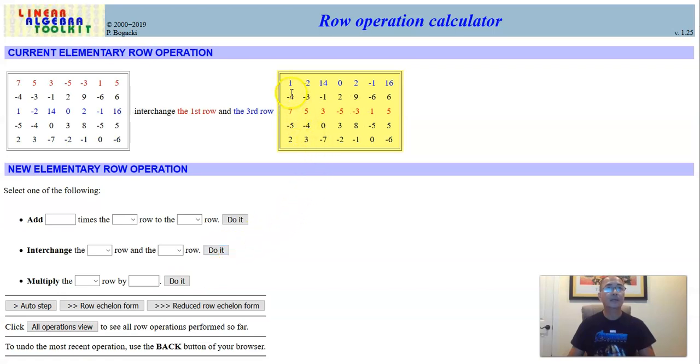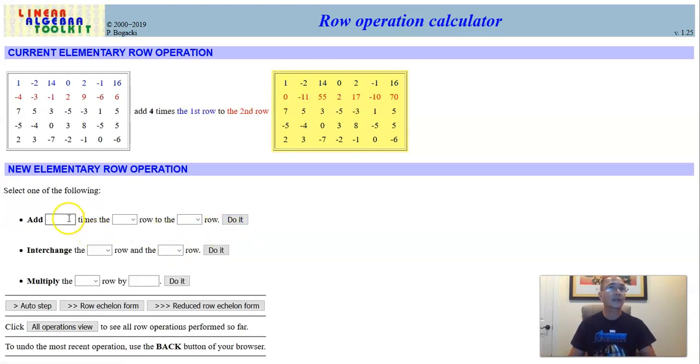Okay, and now we will use the 1st row to eliminate -4, 7, -5, and 2. Add 4 times the 1st row to the 2nd row. Add -7 times the 1st row to the 3rd row.